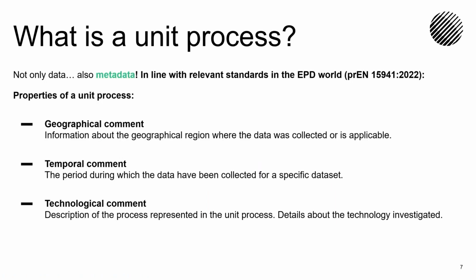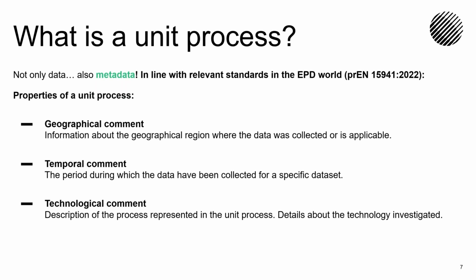Now, a unit process in ecoinvent is not only data and exchanges from and to the technosphere and environment, but also metadata. Metadata are important because a data set without a proper description is really difficult to use. This is why ecoinvent tailors every data set that we produce in order to provide geographical, temporal, and technological comments.